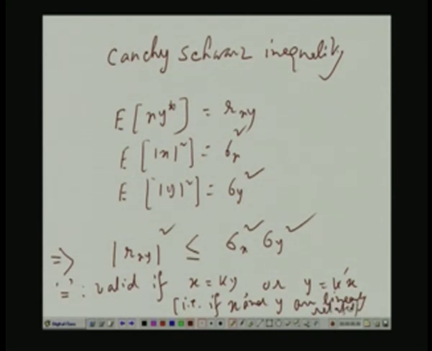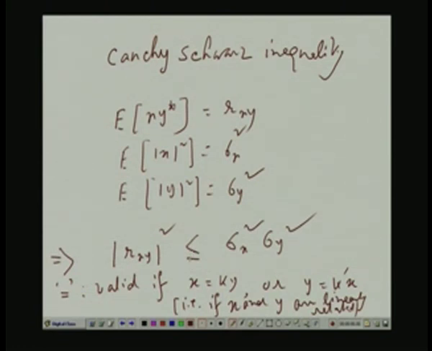Now, you can ask one question here. Firstly, what is the meaning of x and y linearly related? That is, x is some multiple of y or y is some multiple of x, where k is any number. In that case, we say x and y are linearly related, and we are making the claim that if this is so, this inequality actually becomes an equality, otherwise it is strictly less than.